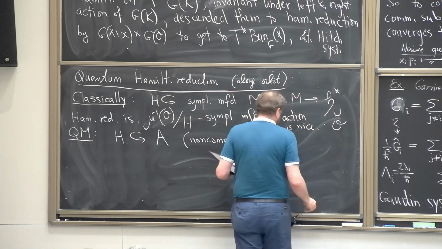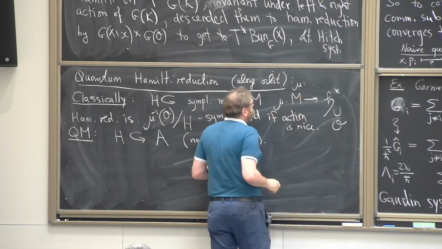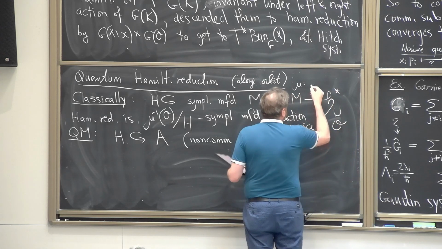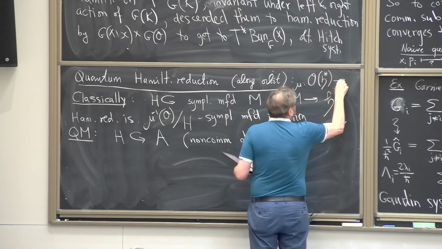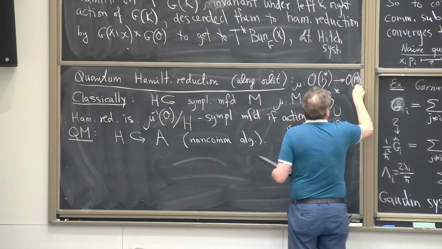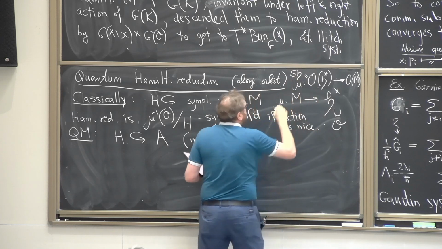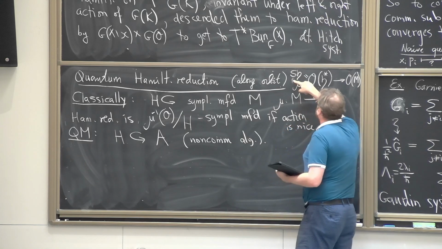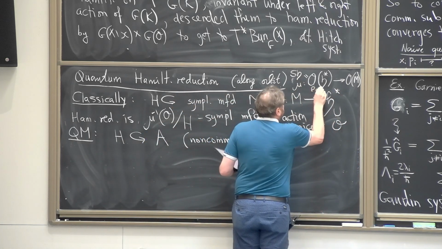This moment map is Poisson. So this means that we can think about it as a map of function algebras in the other direction, which is a homomorphism of Poisson algebras, functions on H dual into functions on M. And if we are talking about polynomial functions, this is just the symmetric algebra of our Lie algebra H. This has a natural Poisson bracket, which is the Kirillov-Kostant bracket. And this is a Poisson homomorphism.